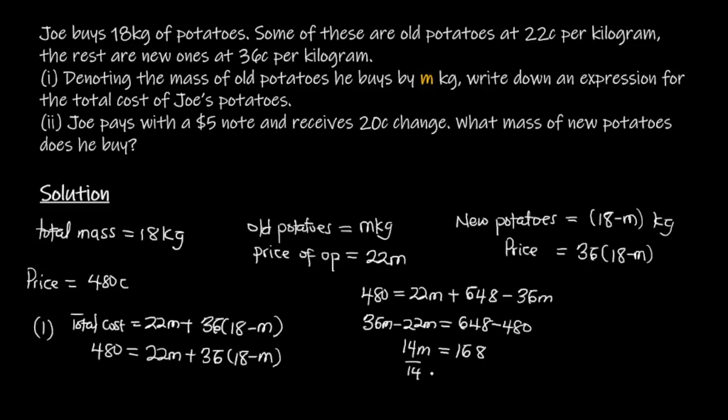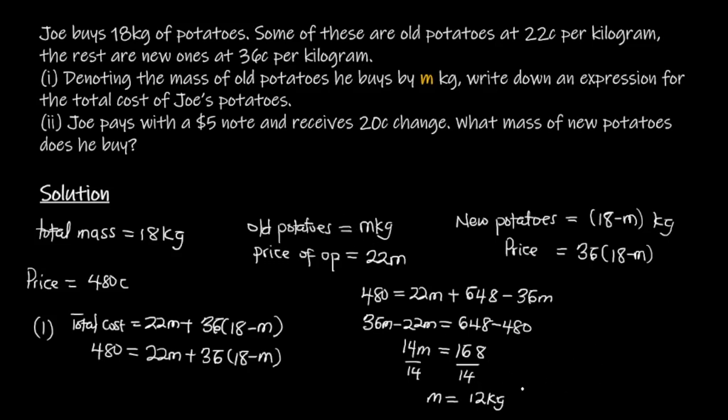So I divide both sides by 14. The value of m will be equal to 168 on 14 will give me 12, and that is in kilogram. Okay, so it means the mass m, which is the mass of the old potato, is 12 kilogram.